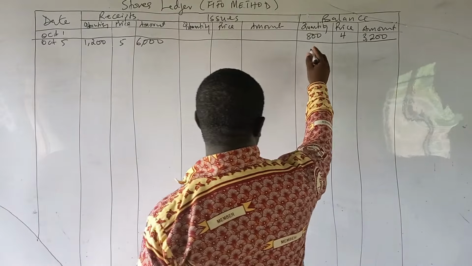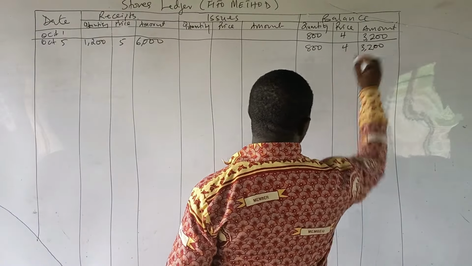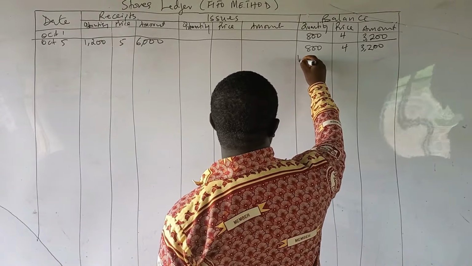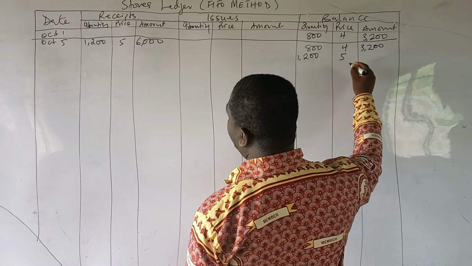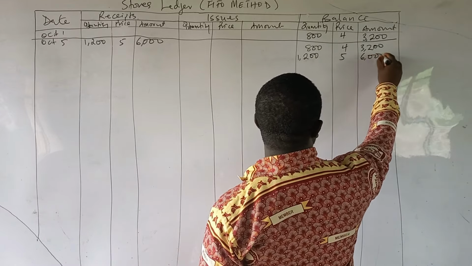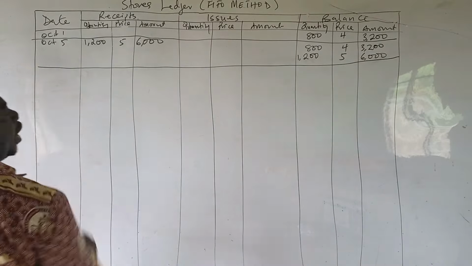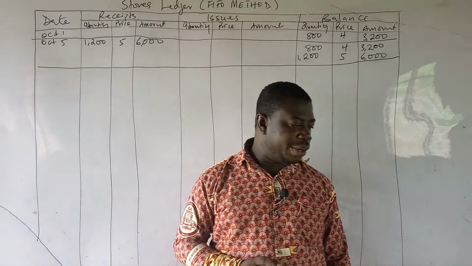So you have to bring the 800 at 4, 3,200 down first. And now we can add this. This is first in, first out. So let's show each of them at their prices: 1,200 at 5 cedis for 6,000 Ghana cedis. And then we can do an underline of that as well before we are done with the second one. Please be guided, it's very important that we are able to do this.